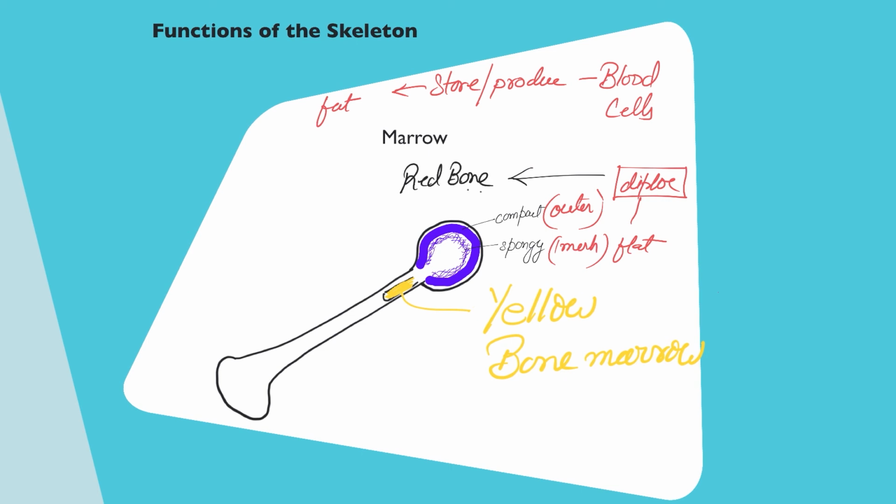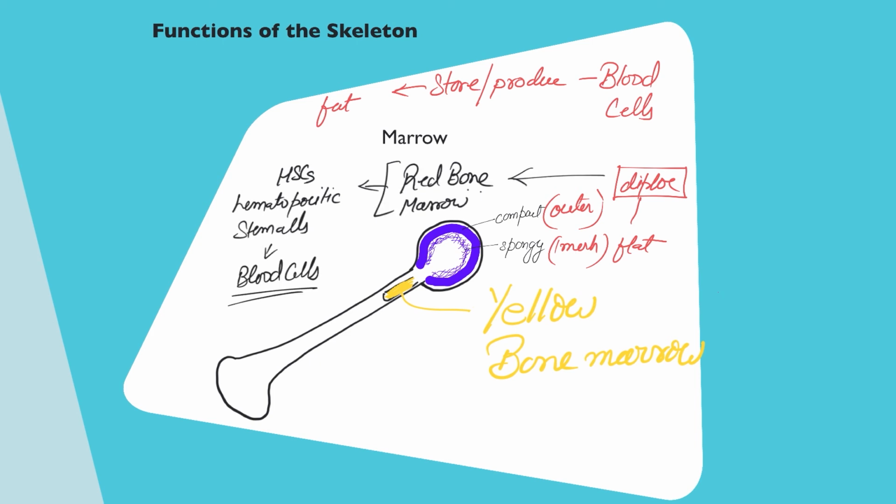Now, what is the importance of the red bone marrow? The importance is that it has cells called HSCs, hematopoietic stem cells. Now, what is the job of hematopoietic stem cells? They divide to produce the blood cells. Hence, red bone marrow is very, very essential.